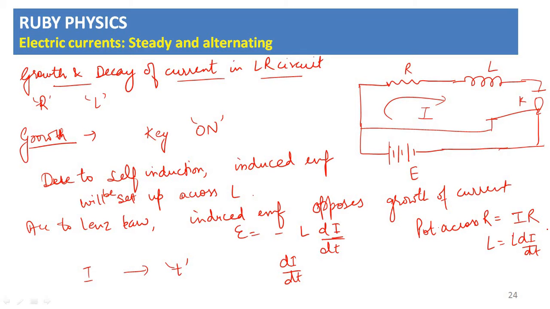Using Kirchhoff's second rule, you know that the sum of the voltages across a closed circuit is equal to 0. So summation V is 0.